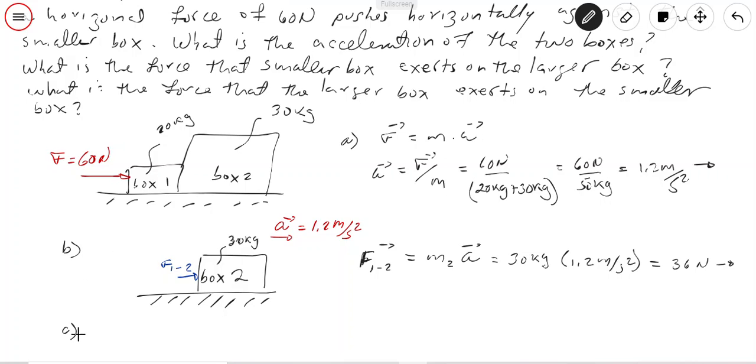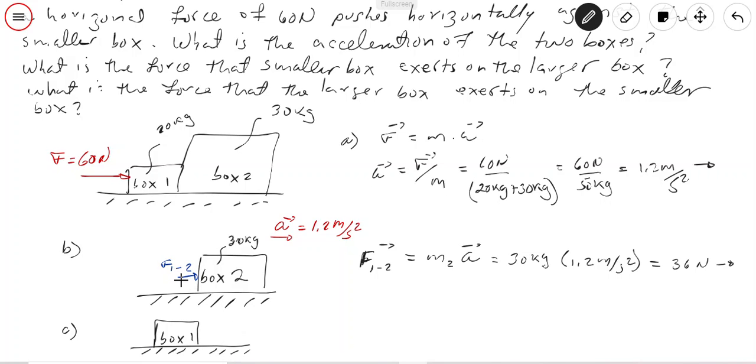Now they ask you to find the force that the larger box exerts on the smaller box. These boxes are in contact. There is no third box here. So what we're going to have here is an action-reaction pair.